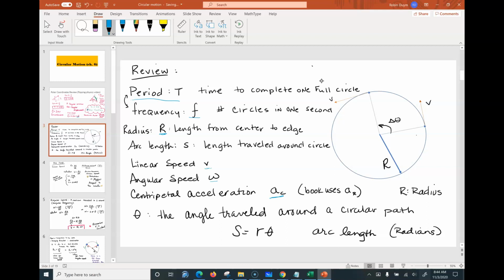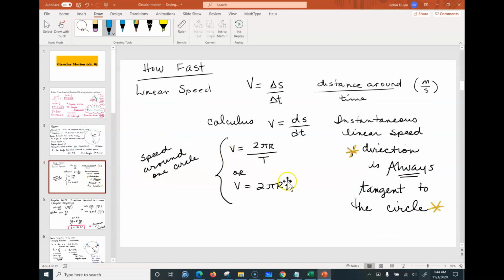Your book, I believe, uses a_r for radial, so just know this is usually more common. And then the angle theta is just your displacement around, so rather than saying 90 degrees, it would be pi over 2. Okay, so keeping that in mind, we're going to keep moving forward.